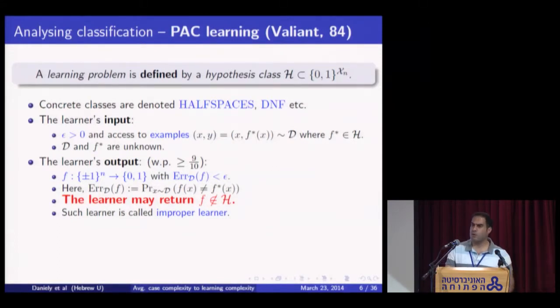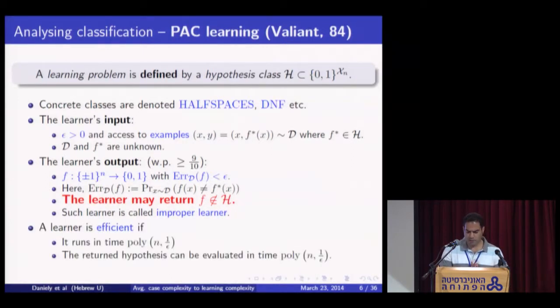And the reason it is so important is that this is exactly the point that makes it so hard to prove hardness of a learning problem. So we'll talk more about it later. And finally, I say that an algorithm is efficient if it runs in time polynomial in n and 1 over epsilon, and it returns a hypothesis that can be evaluated in time polynomial in n and 1 over epsilon.